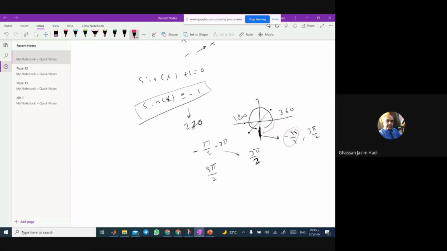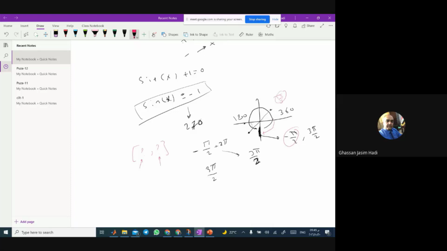Now we have to choose an interval and two numbers here. One gives us negative and one gives us positive. Now let's say here pi over 3, it's positive.